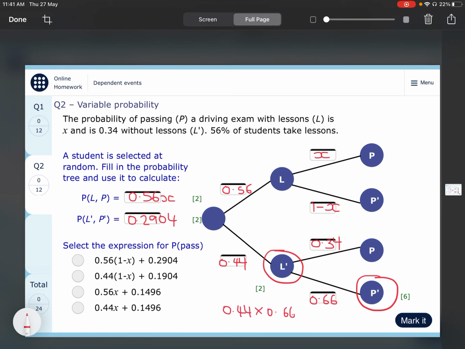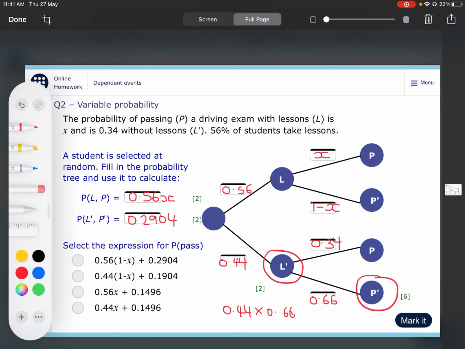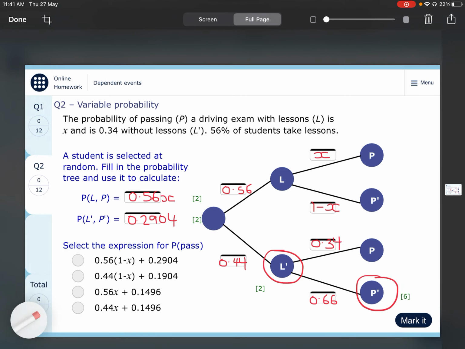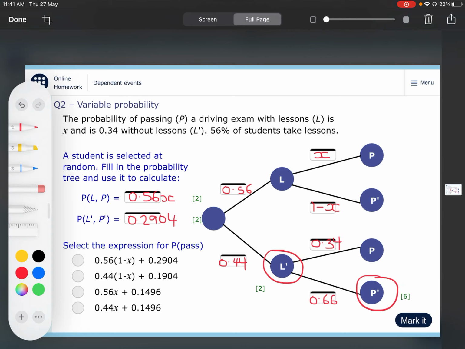That's what gave me that answer, if you're unsure. Right, now if we look at our answer here, it says select the expression for a pass. So I can see that my two answers above are matching some of these answers below. So I know that I've done it right. Now I just need to select the expression for a pass.